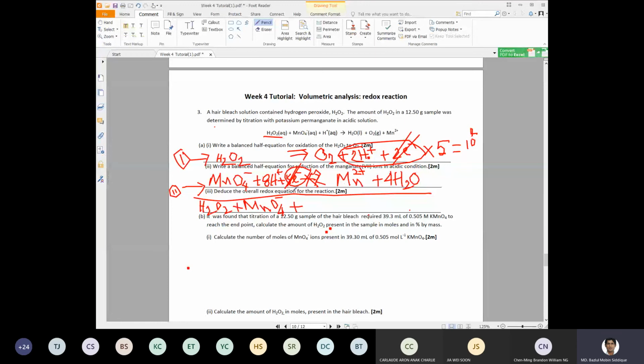And what is left? 10 hydrogen here, 10 hydrogen here, and then here is 8 times 2, 16 hydrogen here. So altogether 6 hydrogen is left after subtracting on both sides.